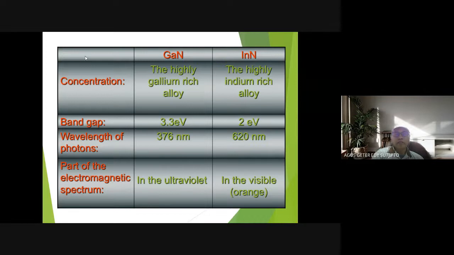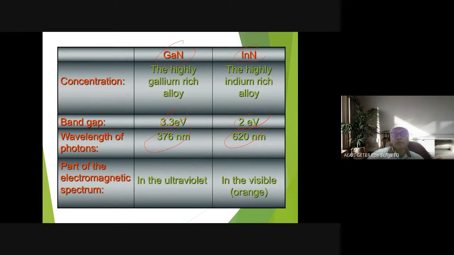We can see the different nitrides have different band gaps, like gallium nitride and indium nitride, and different photons emitted if there is recombination between electron and hole in the semiconductor.